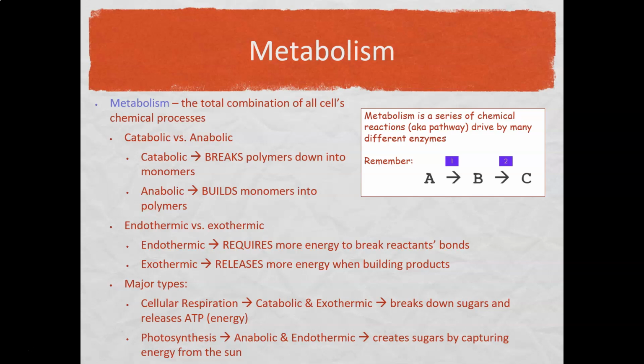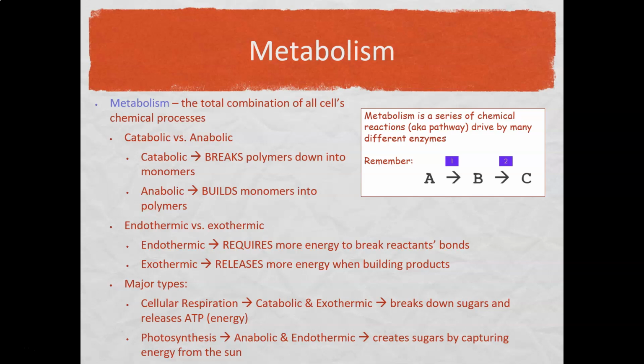Cats break things. So catabolic processes break things down. Anabolic processes build monomers into polymers. So I'm going to take those individual smaller pieces, put them together, and make something bigger out of it. Kind of like the idea of anabolic steroids, right? We use those to build extra muscle. Okay, so catabolic processes break things down, anabolic processes build them.